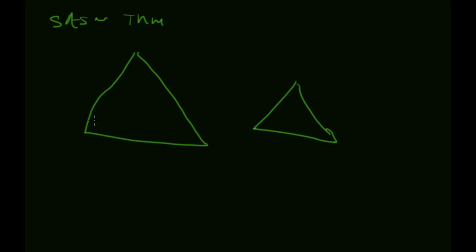I know that these sides are proportional, so let's call that A, B, C, D, and I know that A is to B as C is to D, and that the angle between them is congruent, then we're going to suggest that those two triangles are in fact similar.